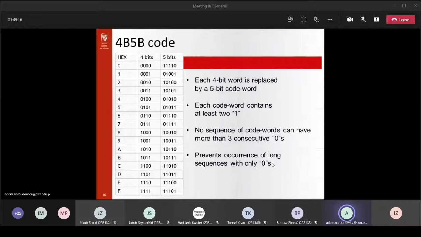That's not really a good thing. So that's why the bits are rearranged and transformed in order to prevent this occurrence of long sequences when the voltage would be low or negligible. Okay.